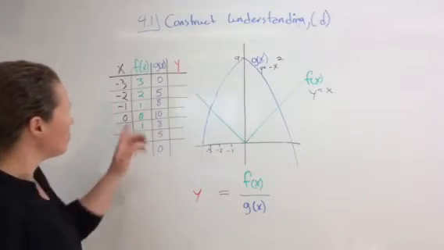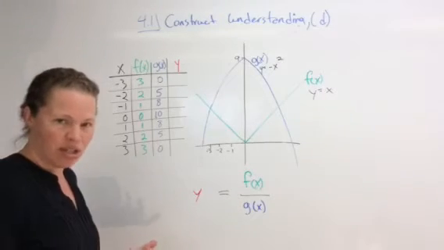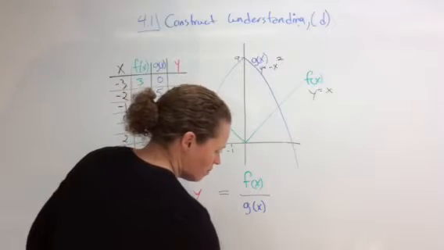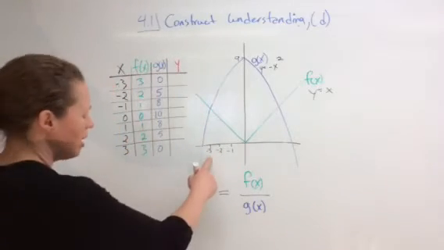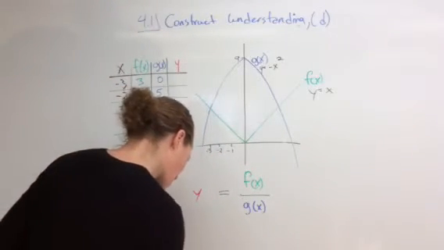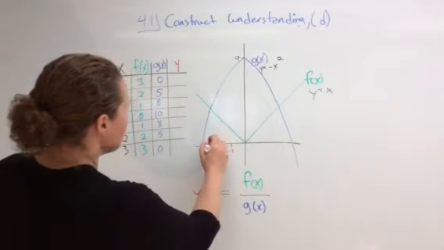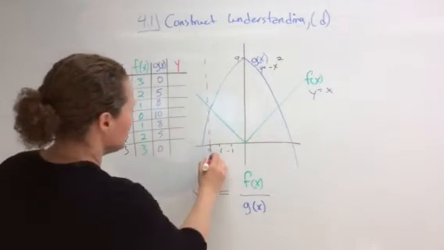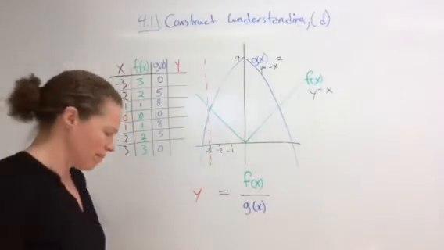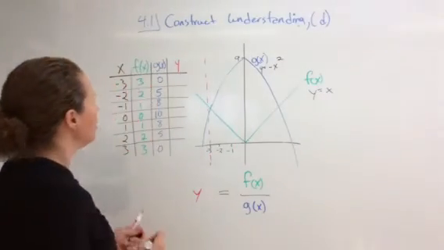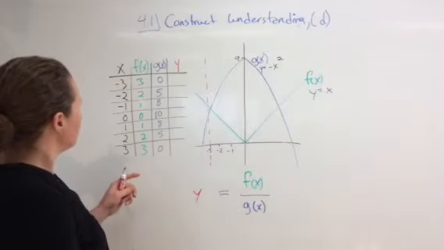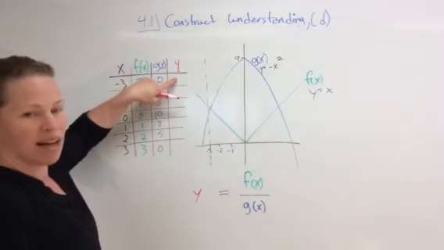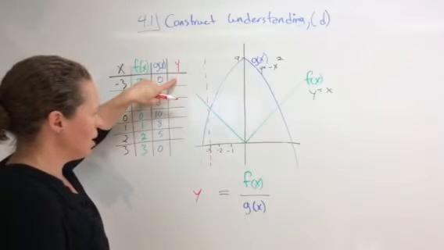In fact, before we move on here, why don't we just put in those non-permissible values? So, at -3, I'm going to draw a little vertical line that says don't go there. Because x is -3, I can't have a value for y.